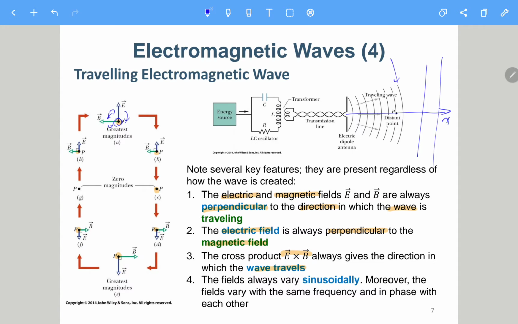We assume that x is far away enough, then the wave front, these are the so-called wave fronts.